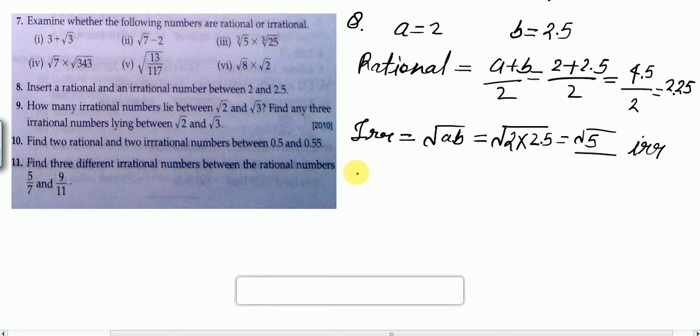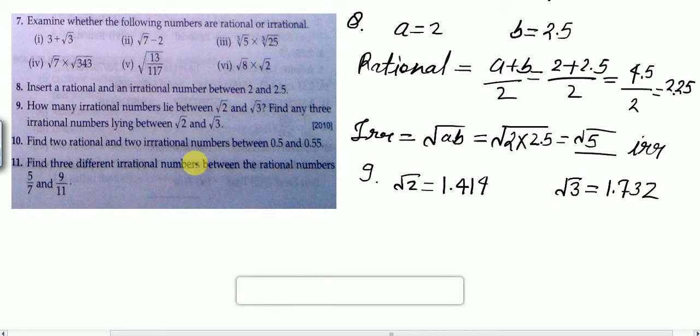And the next question is 9. How many irrational numbers lie between under root 2 and under root 3? And find any three irrational numbers lying between under root 2 and under root 3. So under root 2 is 1.414, and under root 3 is 1.732.